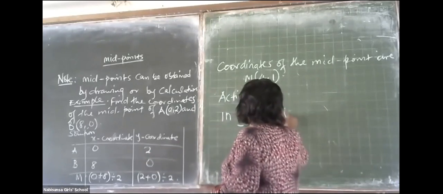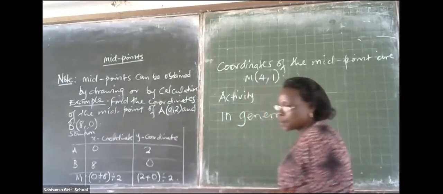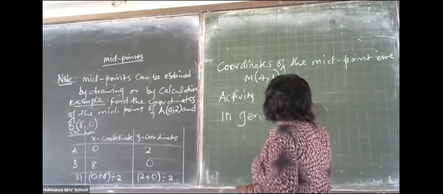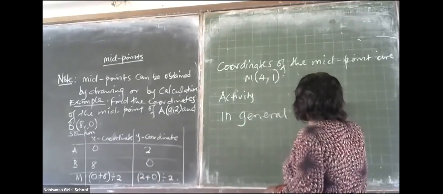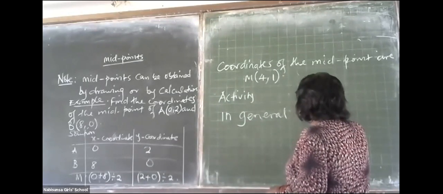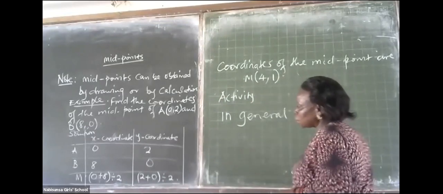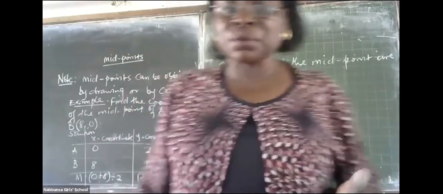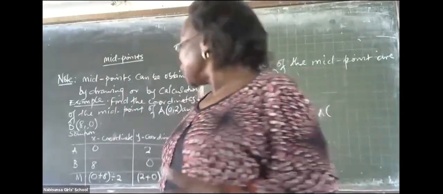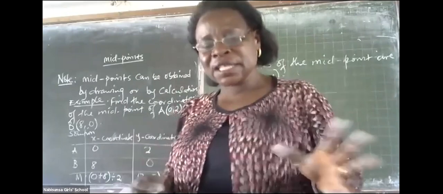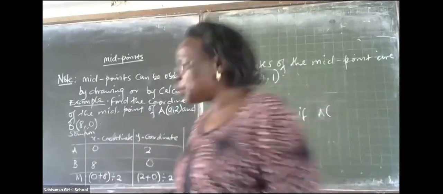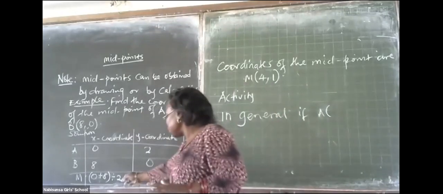Teacher, where did you get the 2? I'm dividing by 2. Remember, we have been dividing the displacements by 2. Similarly here, if you have the x coordinate of one point and the x coordinate of the second point, when you divide the sum by 2, you will get the x coordinate of the midpoint.